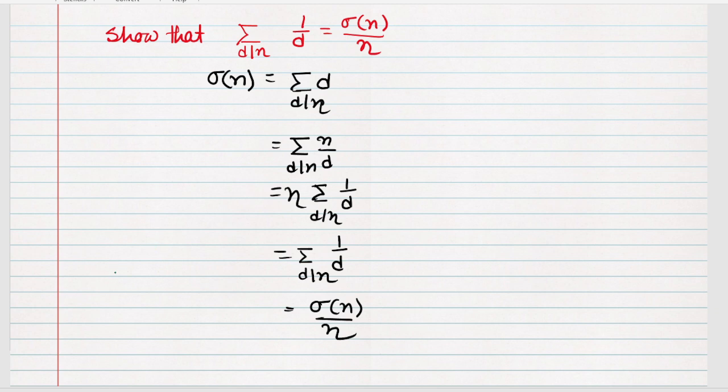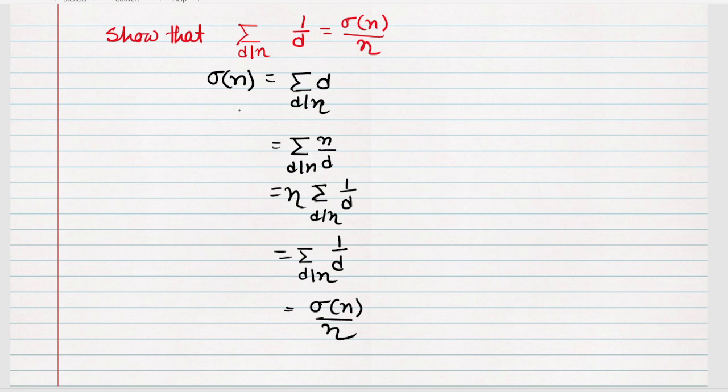So in our next proof, we show that the summation over d dividing n of 1 by d equals sigma n by n. So what was sigma n? Sigma n is the sum of our positive divisors, and n is our integer itself.